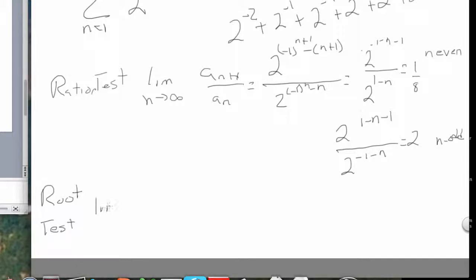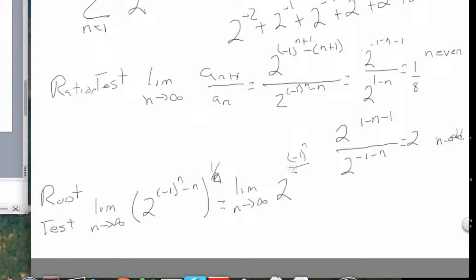okay, I take the limit as n goes to infinity, and instead of writing the nth root, I'm going to make it to the 1 over n power, so 2 to the negative 1 to the n minus n, to the 1 over n, which is the limit as n goes to infinity of 2 to the negative 1 to the n over n minus n over n, which is minus 1.